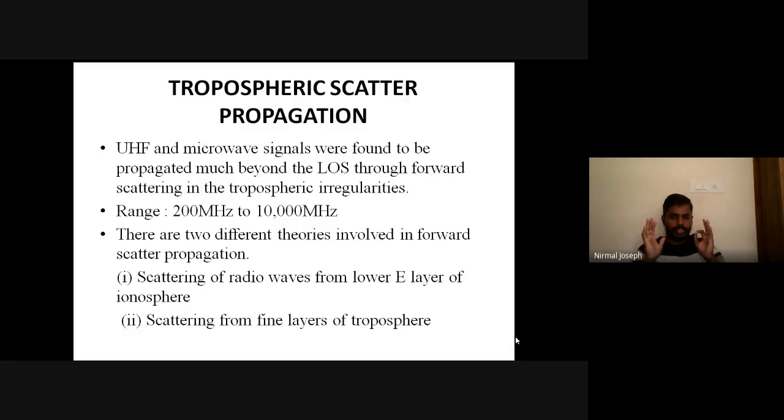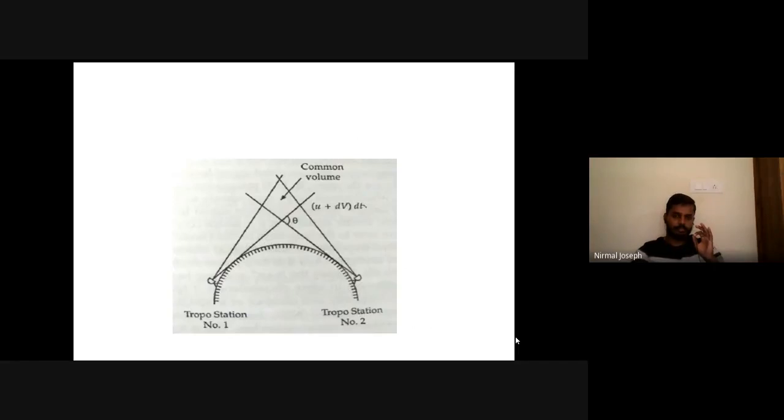So the basic idea is this: there are some sort of particles in the layers of the troposphere. Those can scatter the waves. And if we are able to catch those scattered waves, then communication is possible. So that is the basic idea behind tropospheric scatter propagation.